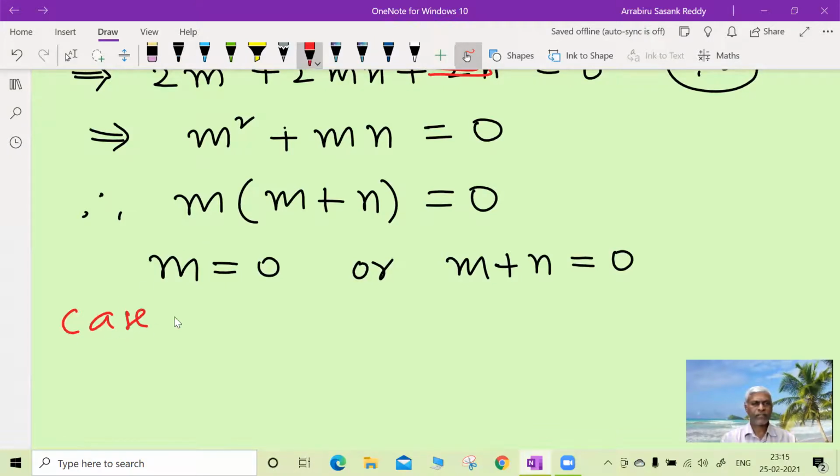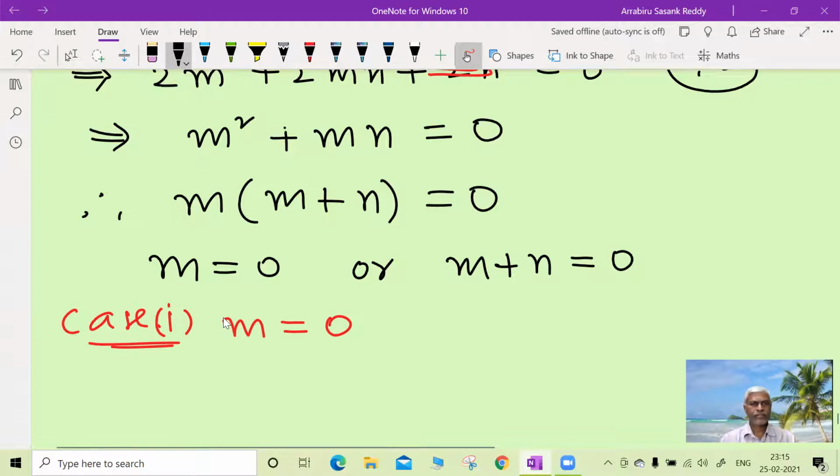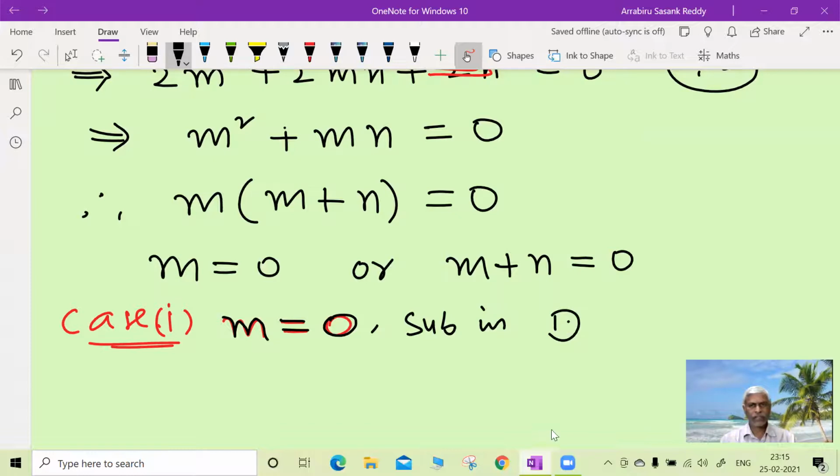Case 1: if m is equal to 0, substituting in equation 1, that is l is equal to minus m minus n.